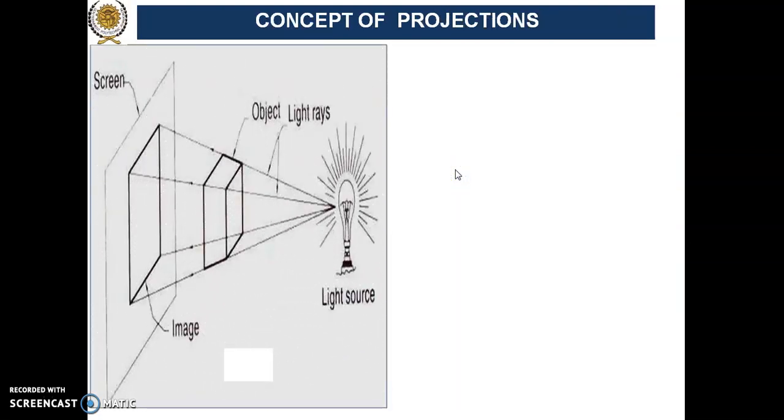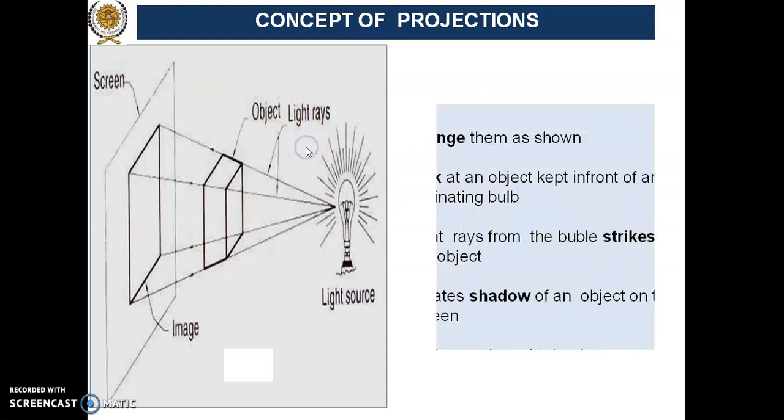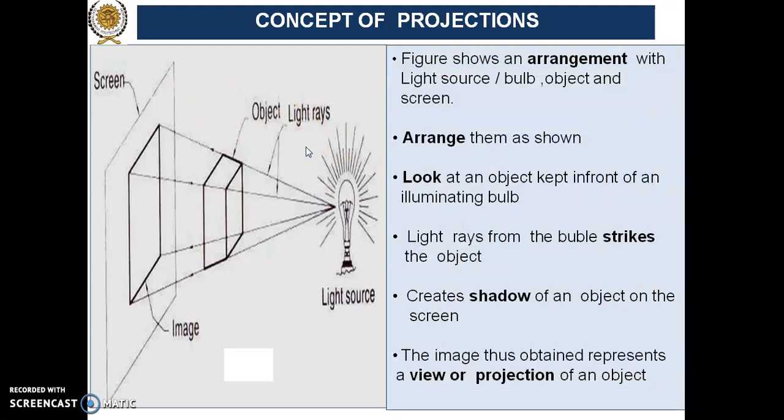Before knowing orthographic projection in detail, the concept of projection is to be discussed. For this, please study this given figure. The figure shows an arrangement with a light source, an object and a screen. Arrange them as shown in the figure.